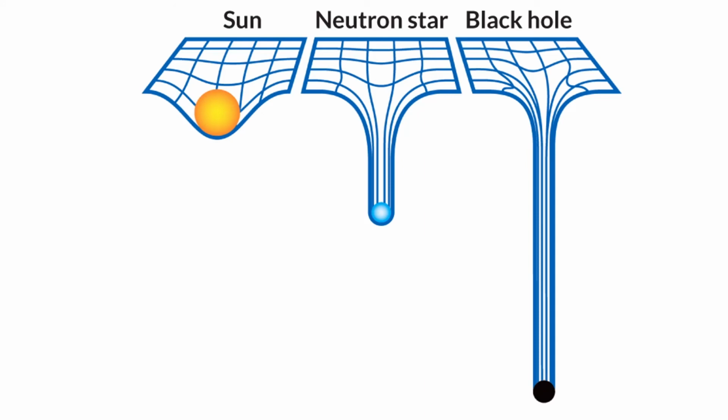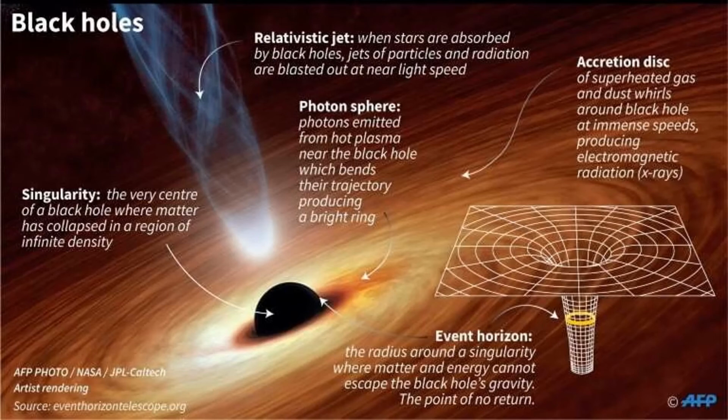The more massive an object, the more space and time bend around it. Black holes, which are actually collapsed massive stars, are the most massive single objects we know of.